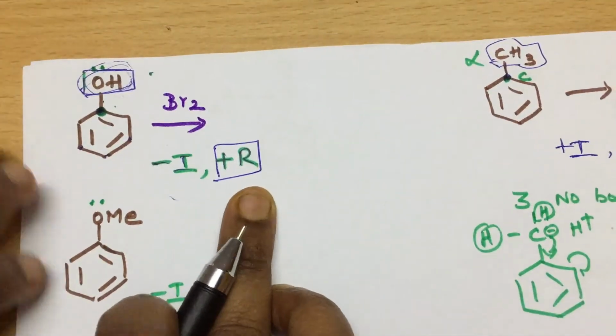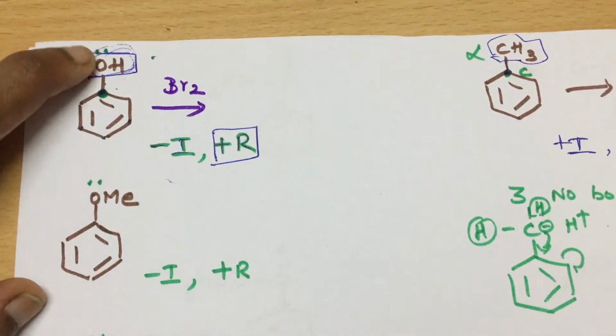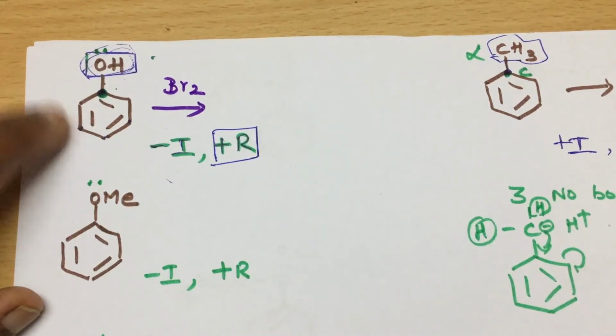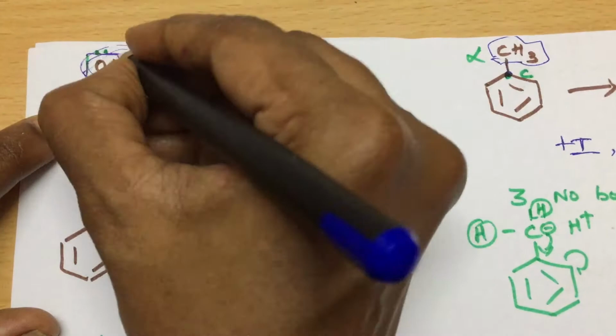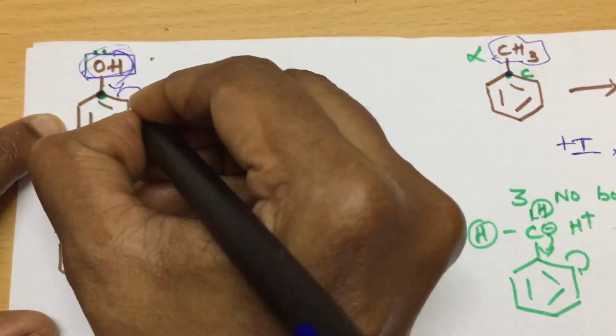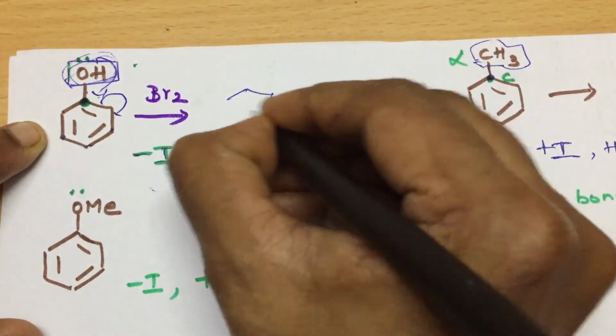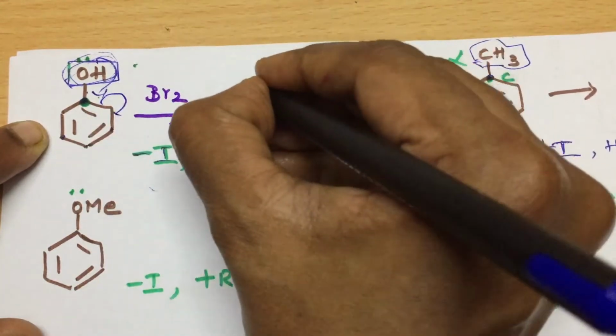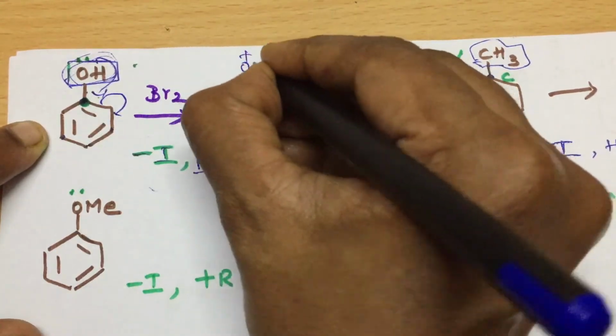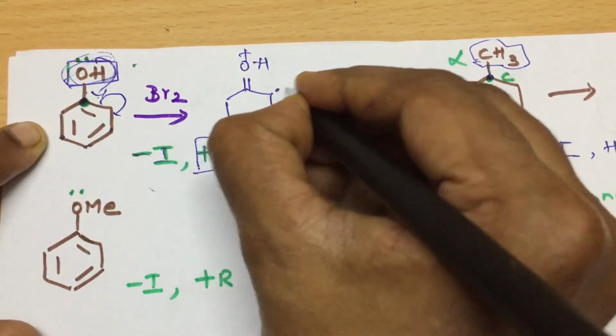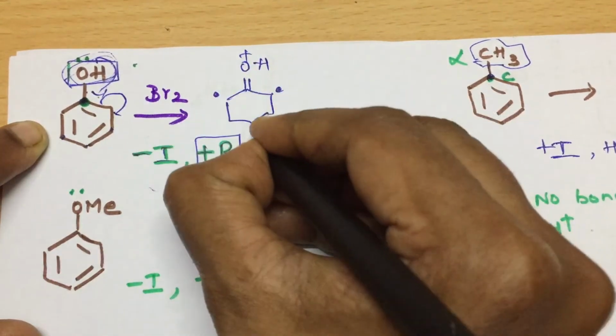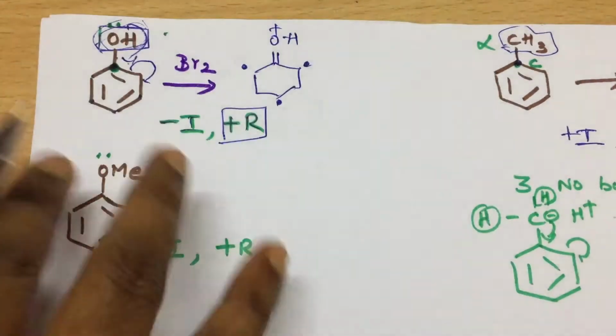Your hydroxyl is going to give electrons to this benzene, and due to the resonance, the ortho position and para position are going to get enriched with electrons.